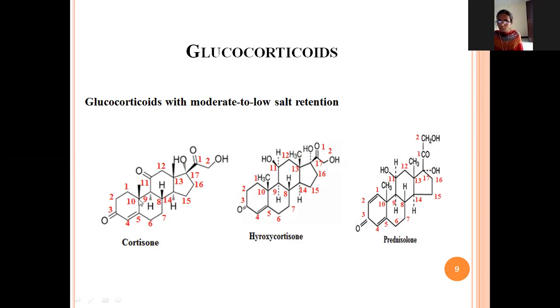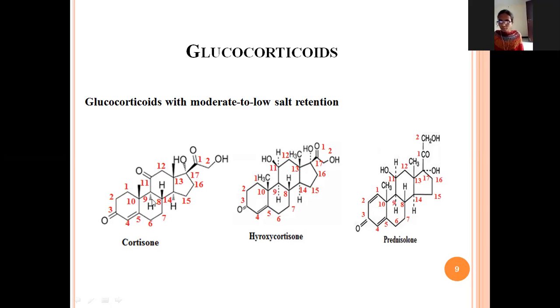Sorry, in the 10th and the 13th position the methyl group is there. Here in the 17th position, 2-hydroxy acetyl group is attached.